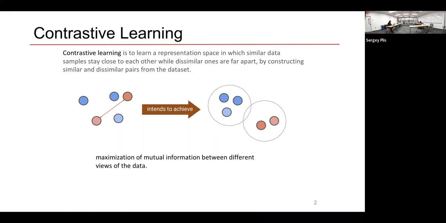So for this slide, let's consider that some pairs are positive and some pairs are negative. So the whole purpose of contrastive learning is to keep the positive pairs close to each other in the embedding space and keep the negative pairs apart from each other.